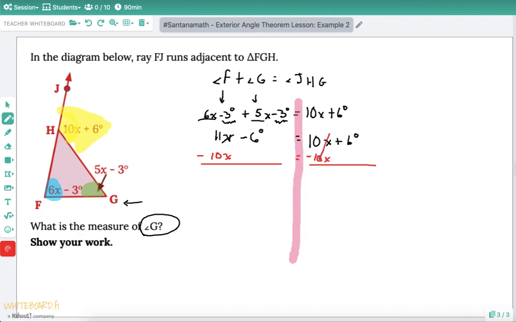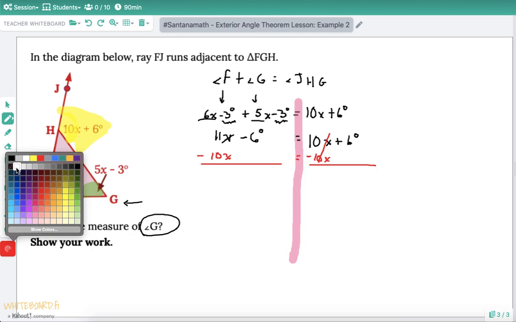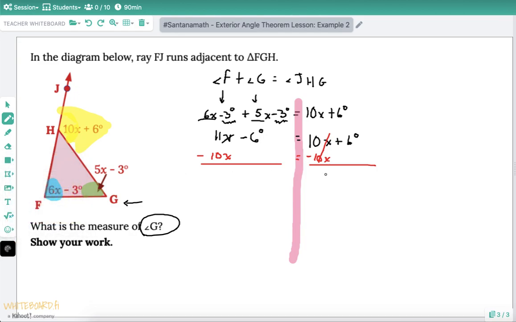That allows me to eliminate this 10x over there. 10x minus 10x is 0. 0 plus 6 is going to be 6 degrees. That's why that's left there. And then this becomes 1x, so I don't need to write the 1. So just x minus 6 degrees.